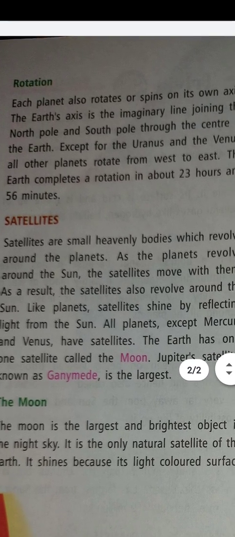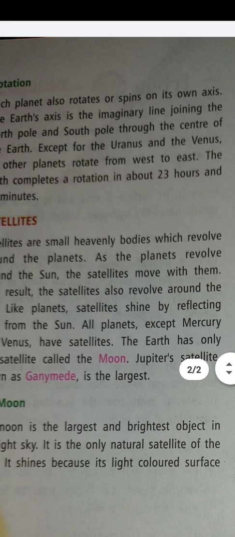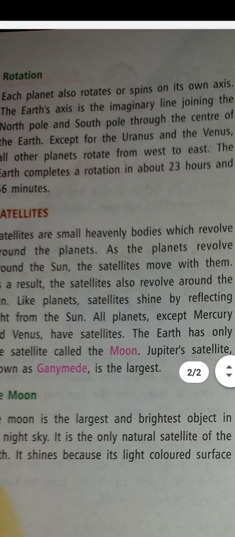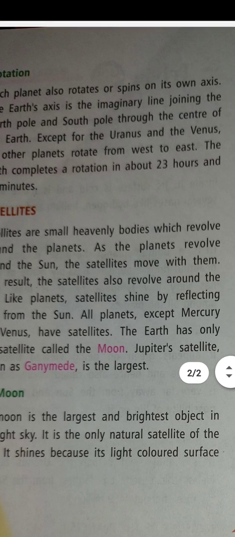The Earth's axis is the imaginary line joining the North Pole and South Pole through the center of the Earth. We don't know where the axis is present, but it is an imaginary line which joins the North and South Pole through the center of the Earth. Except for Uranus and Venus, all other planets rotate from west to east.